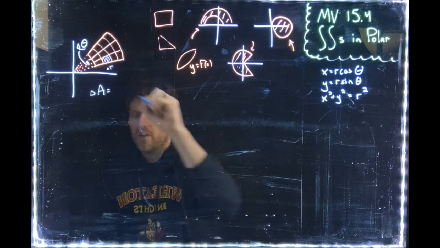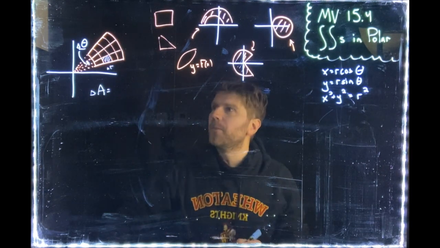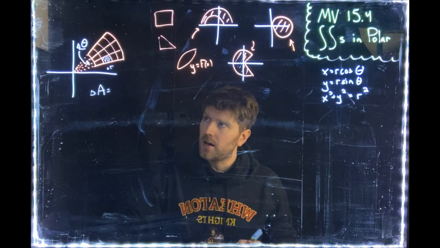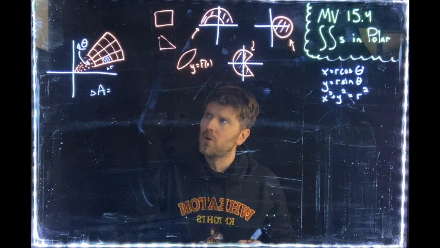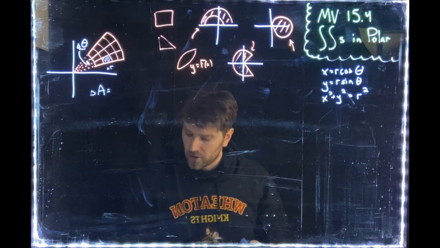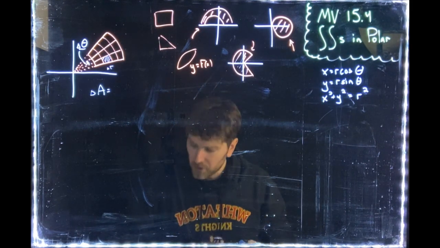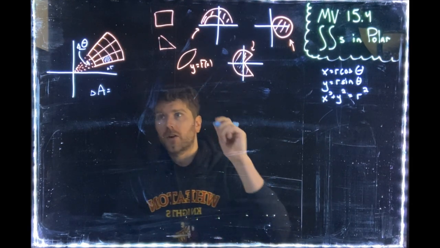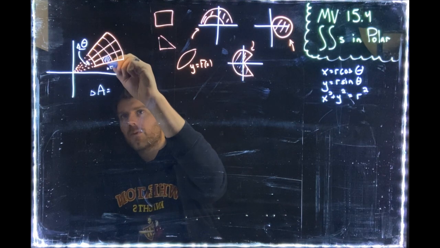What is the amount of area that's in that little block? Well, one of the peculiar things about polar coordinates is that these blocks are no longer of constant size. Actually, as you go further out in r, the blocks get bigger. So if we look at this little block, it does kind of look like a rectangle though, and using some calculus magic, we can kind of squint and assume it is a rectangle.